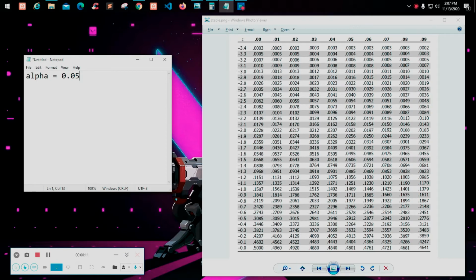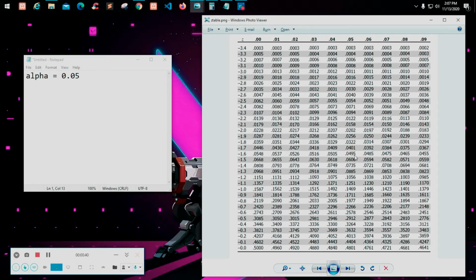Assuming that we have an alpha of 0.05, we look for the Z table kung nasaan yung 0.05. So looking at this one, around nandito siya. So check natin. So this one, we have 0.0505 and we have 0.0495.